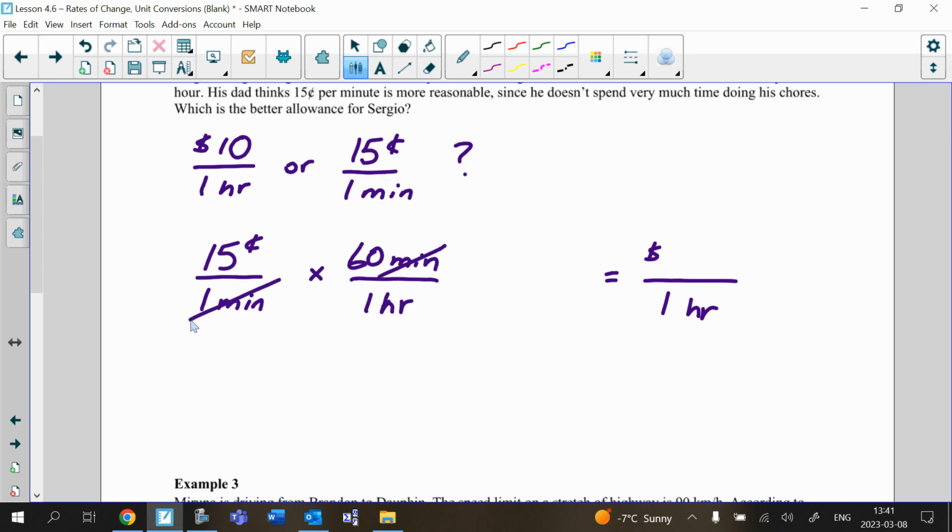Now I want to convert the cents to dollars. So I want to multiply again. There's 100 cents in $1, yes? And I want to do $1 over 100 because I want to cancel out the cents, because the units I want left are dollars per hour.